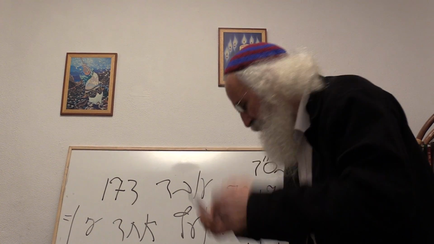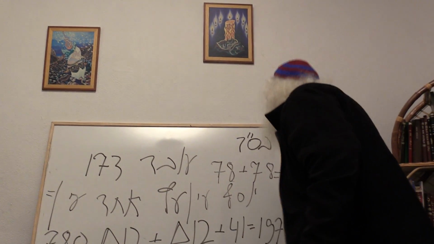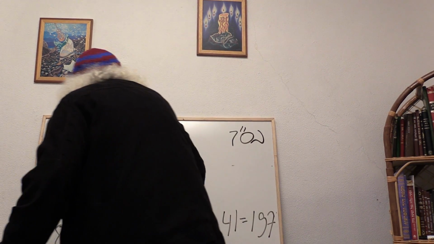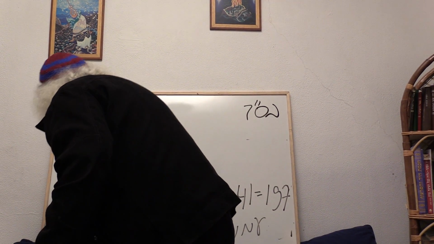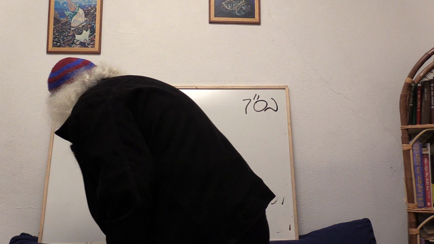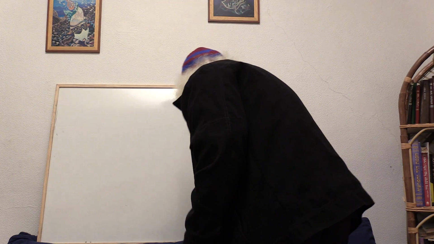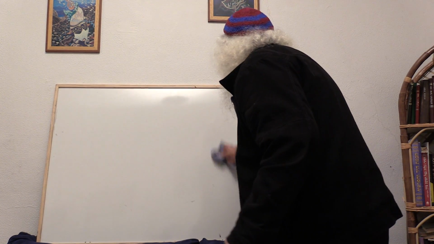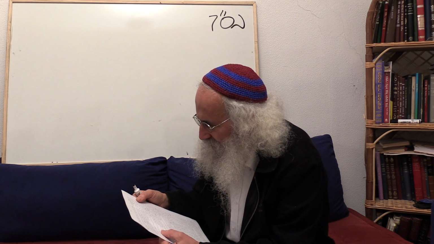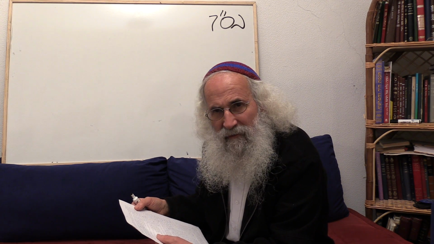It means we have the concept of the 2 eyes, and we talk about Yishai, the father of David. After that we have David. David will be 2 triangles of 13.